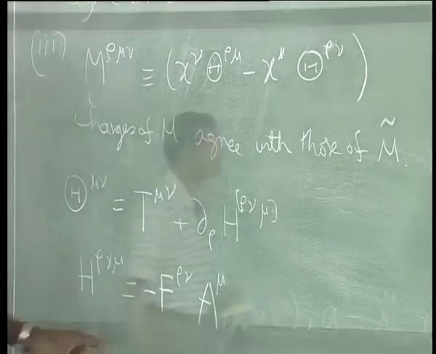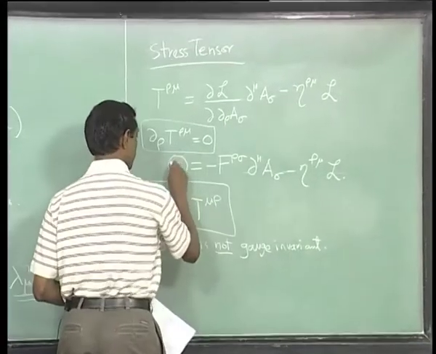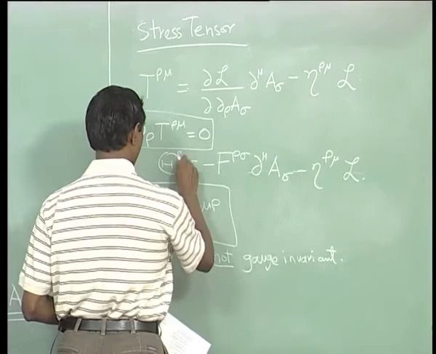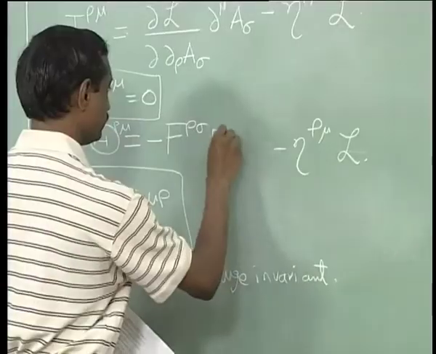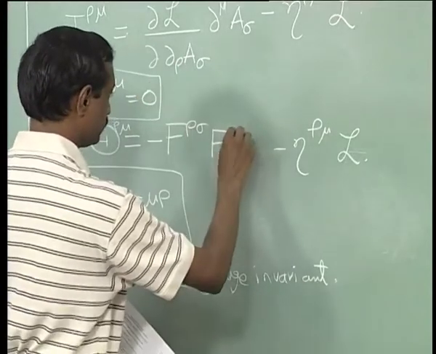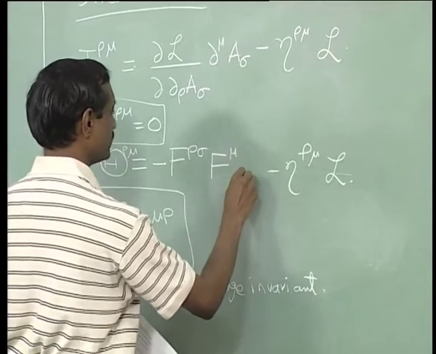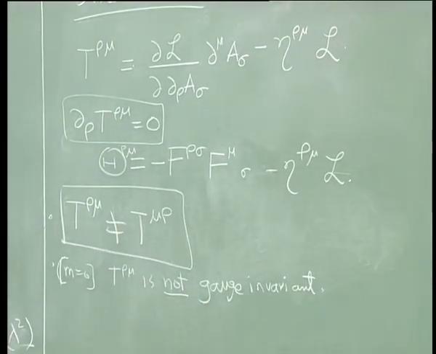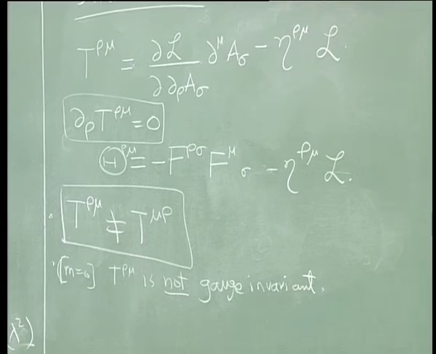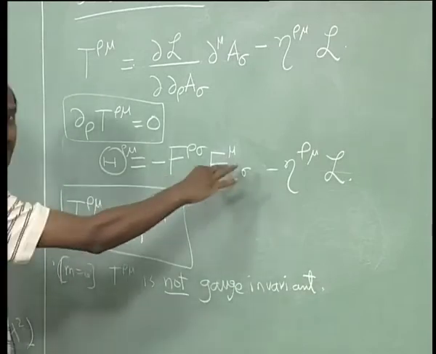And theta is really, if my memory is right, theta. What did I erase? I forgot. Okay, f mu sigma, that is what it is. Okay. And so then it is kind of nice, you get something which is gauge invariant.